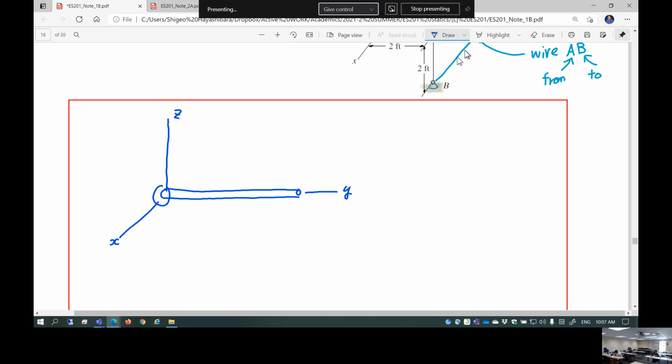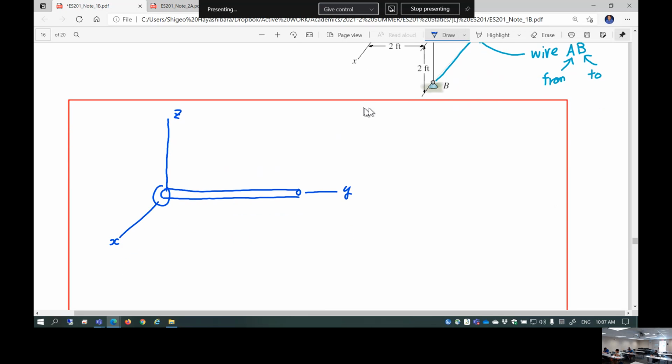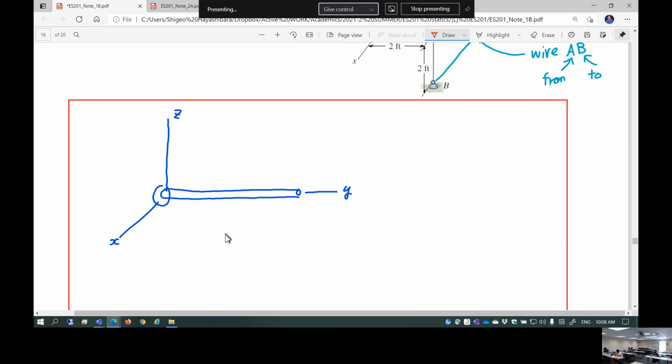I'm not going to put dimensions because dimensions are already given in the original figure. Location B is given around here. And then wire AB is given. So this is A, this is B. So wire AB is defined.